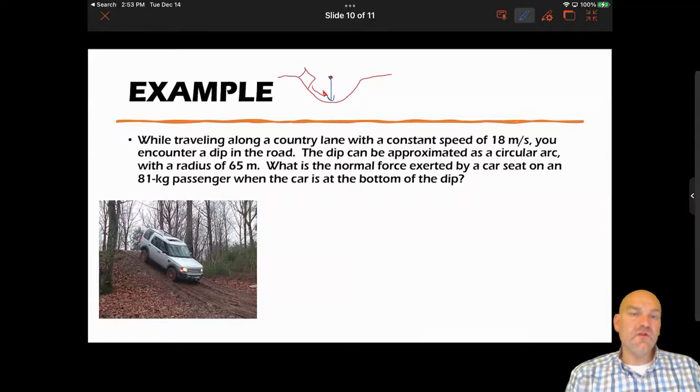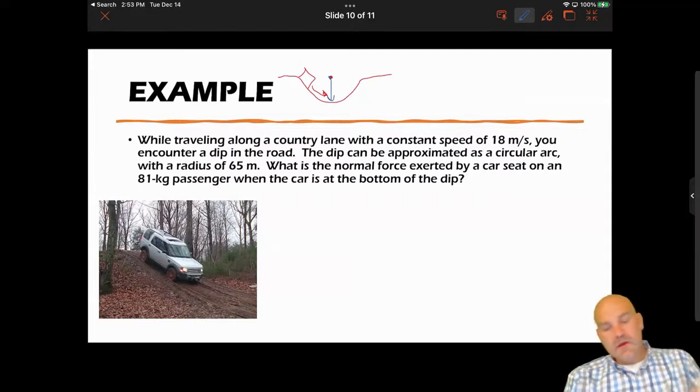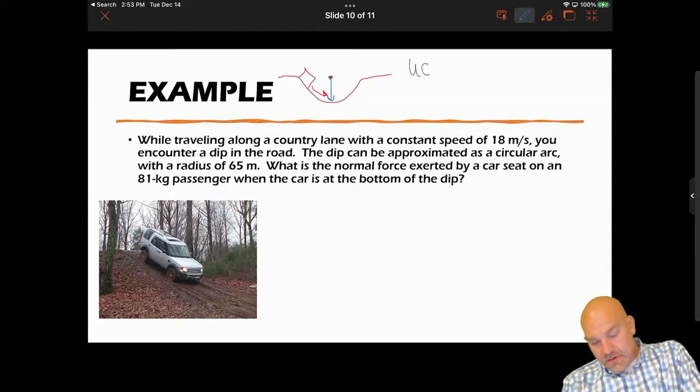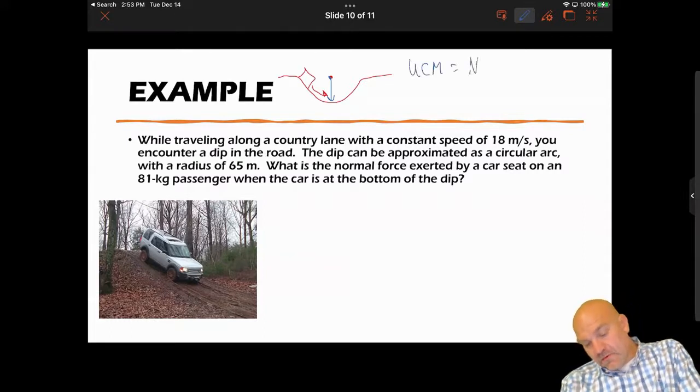And they're asking, what is the normal force exerted by a car seat on an 81 kilogram passenger when the car is at the bottom of the dip? Again, UCM problems equal Newton's second law, and if you remember, Newton's second law is 3 steps: draw, sum, solve.